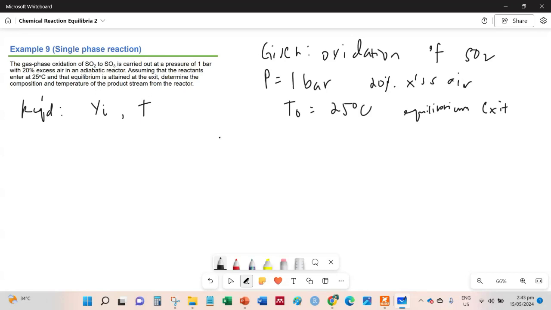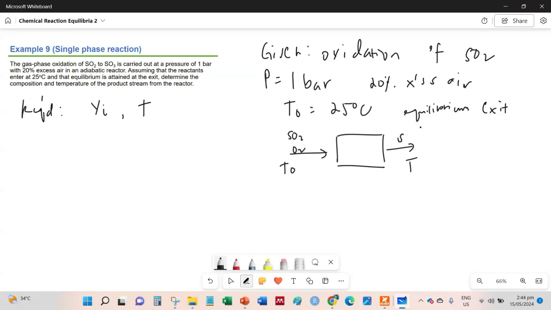stream. So there's a reactor. So this is our reactor. We have T naught and T right here. Our reactants enter here. The reactants are SO2 and O2.